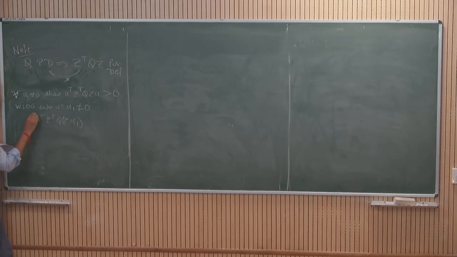So this can be written as ZU1 transpose times Q times ZU1. I am calling ZU1 some other vector W1, so this is W1 transpose Q W1.